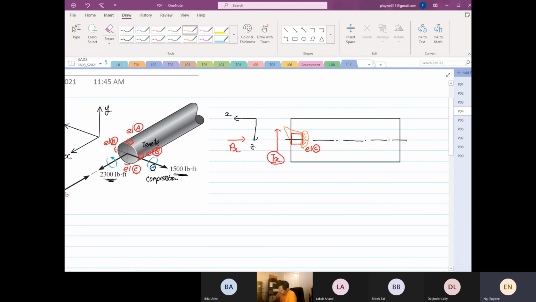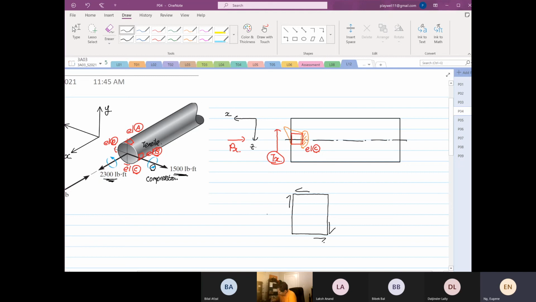So when that's the case, based on our deformation, this is how the shear will act on our element. Okay, this is how the shear will act on the element.